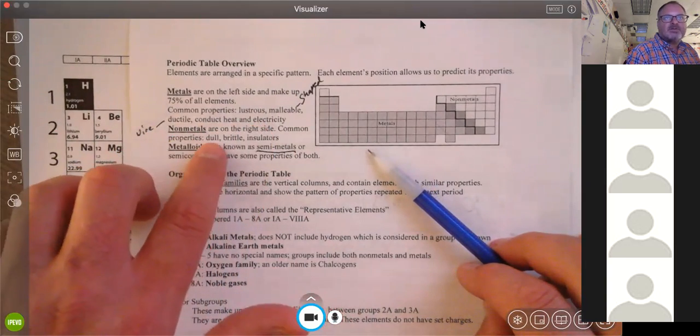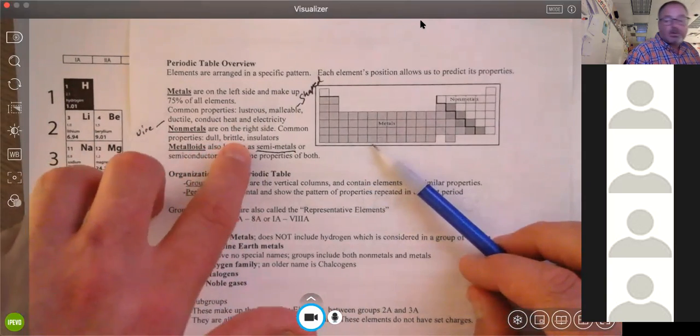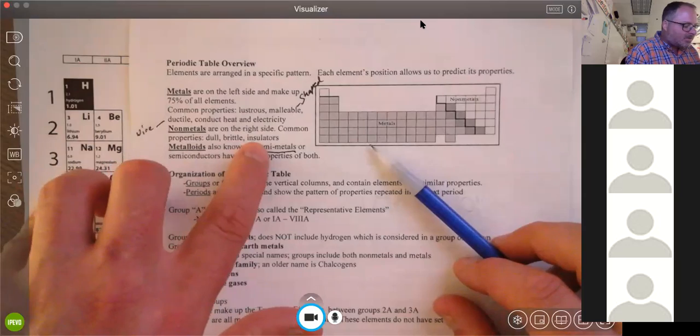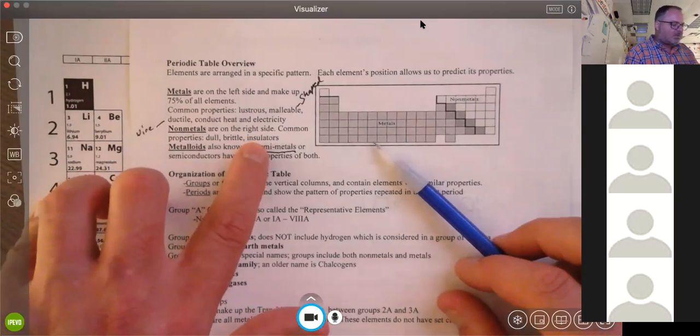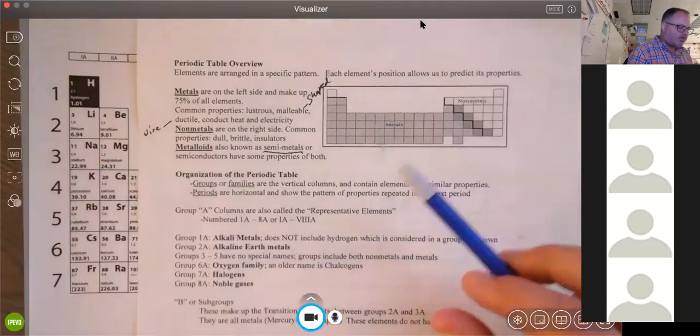Non-metals are kind of opposite of this. They're not lustrous, they're dull. The solid non-metals are brittle. Otherwise, they're gases, and bromine is a liquid, but they don't conduct electricity or heat. They're insulators. Metalloids have properties that are similar to both.